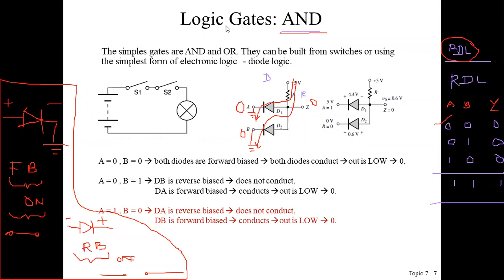Similarly, the second one. Instead of A equal to 0, B equal to 1, I am taking the condition A equal to 0 and B equal to 1. Now this diode is under forward bias condition. Please listen carefully, nothing new, already you know, but you have to explain in this way. So this device is under reverse bias condition, because the cathode of diode D2 is connected to plus VCC.